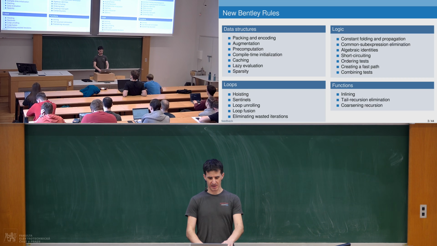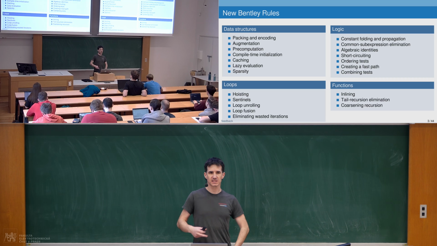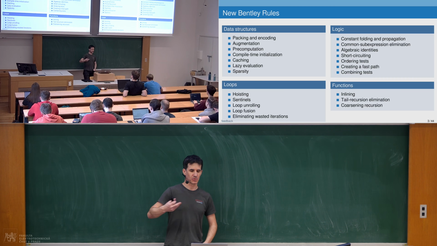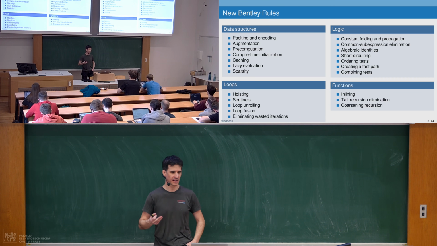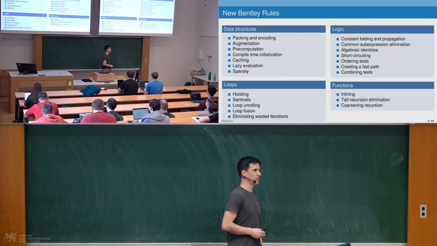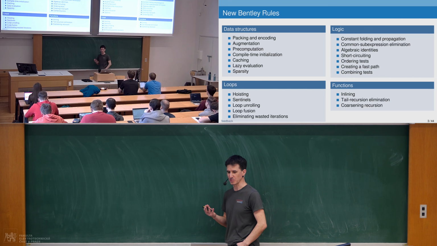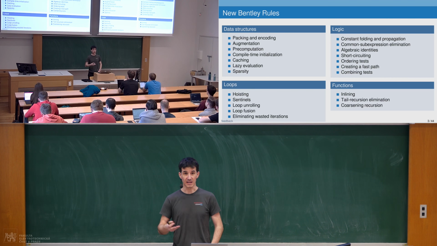In order to optimize a program, you can change the data structures somehow so that you can get a faster program. You can optimize loops, because a typical program spends more or less 90% of its execution inside loops.